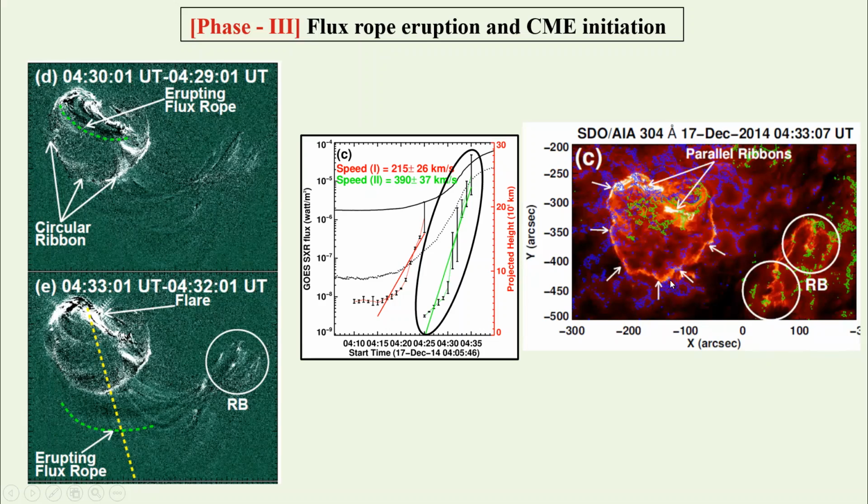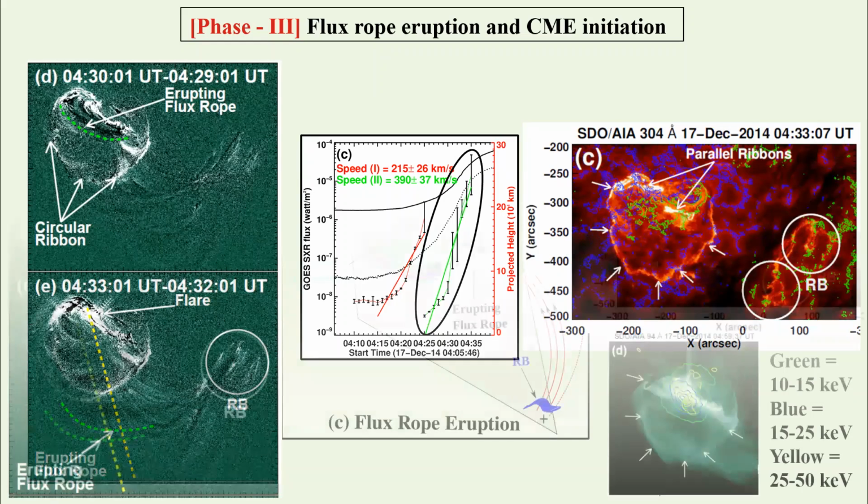But the circular ribbon is already developed at that time, and it intensified with this eruption. So basically what we are saying is the flux rope eruption and the CME initiation. The flux rope which initially formed in the first stage is now going to erupt, and it gives the parallel ribbons as well as the remote ribbons, far away.